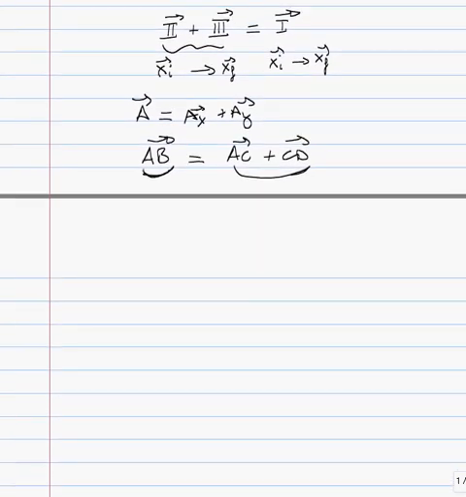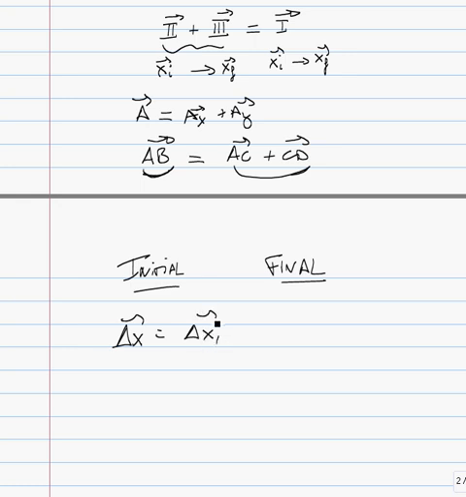So the key to displacement is all we care about is initial and final. We're not concerned about the path that we use. So we can write any displacement delta x as delta x1 plus delta x2 plus delta x3, as many as you want.